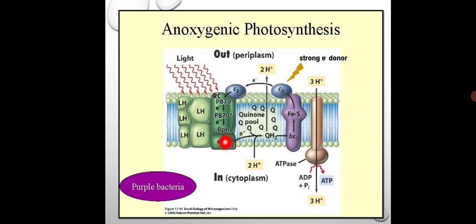From bacteriopheophytin, and bacteriochlorophyll which is also there, it gets transferred to the quinone pool. Quinone pool means different quinone molecules like quinone A, quinone B. From the quinone pool the electrons are transferred to BC1, the bc1 complex. Then it gets transferred to the iron sulfur complex, and from the iron sulfur complex to cytochrome C2.